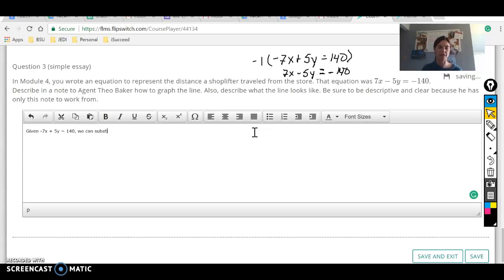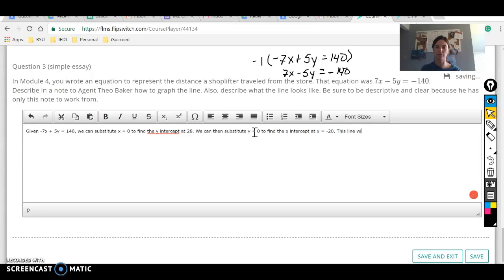we can substitute x equals 0 to find the y-intercept at 28, and we can then substitute y equal 0 to find the x-intercept at x equal negative 20.